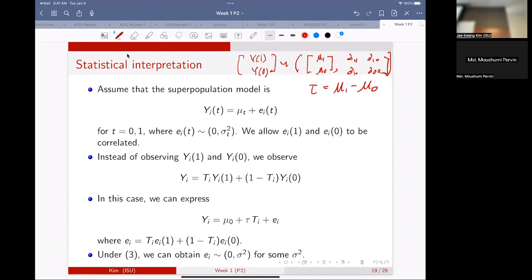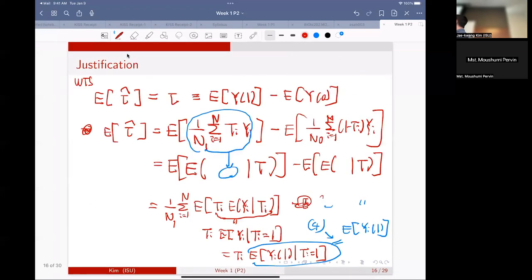So you just use this simple bivariate linear model type assumption, and this is the model for the potential outcome. But there is a kind of transformation of the potential outcome.